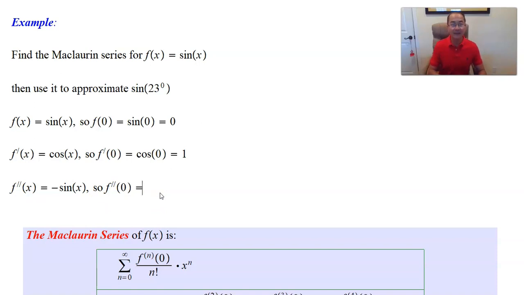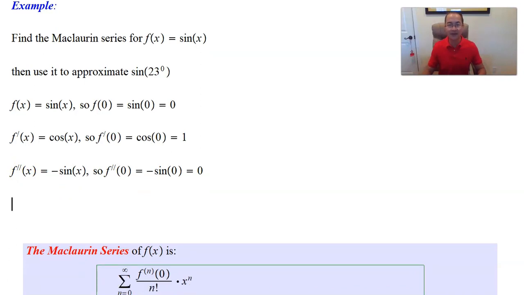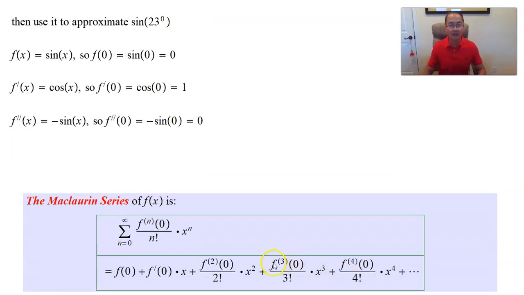Not 1, but 0. Minus sine of 0 is still 0. What's going on here? Third derivative. So of course, we will use the more intelligent notation. Third derivative at 0. Well, first we need the third derivative at x. So the derivative of negative sine is negative cosine.